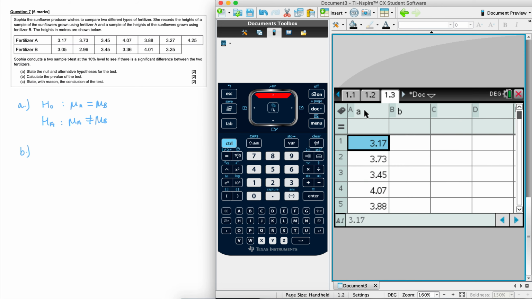It does not matter that one of them is bigger than the other. We can have the lists either size. It doesn't matter at all. It's not going to change my answers.